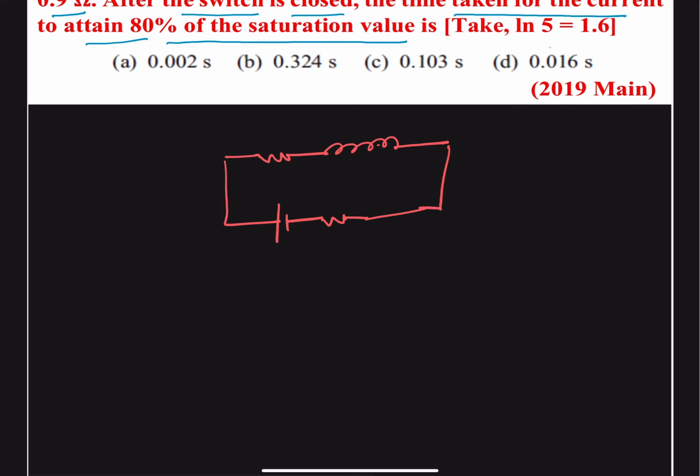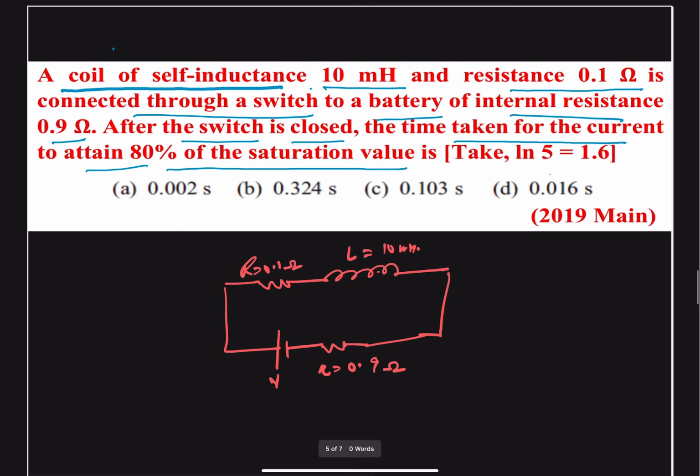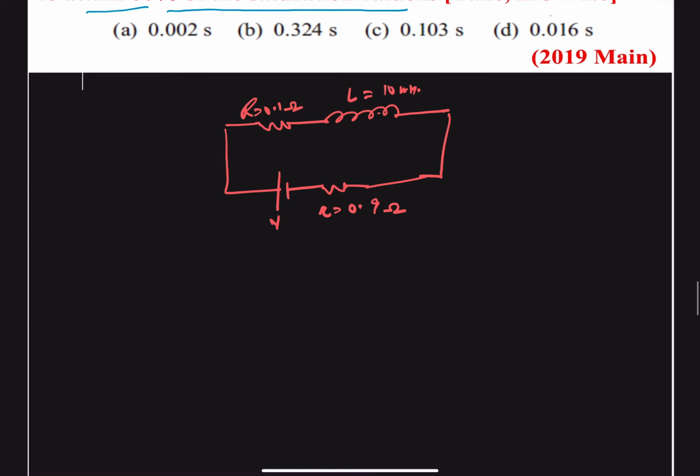The resistance value is given as 0.1 ohm, the inductor is 10 millihenry, and we have a supply voltage, let us suppose V, and the internal resistance of the battery is 0.9 ohm. That's all that is given to us. We are to find out when the current reaches 80% of the saturation value.